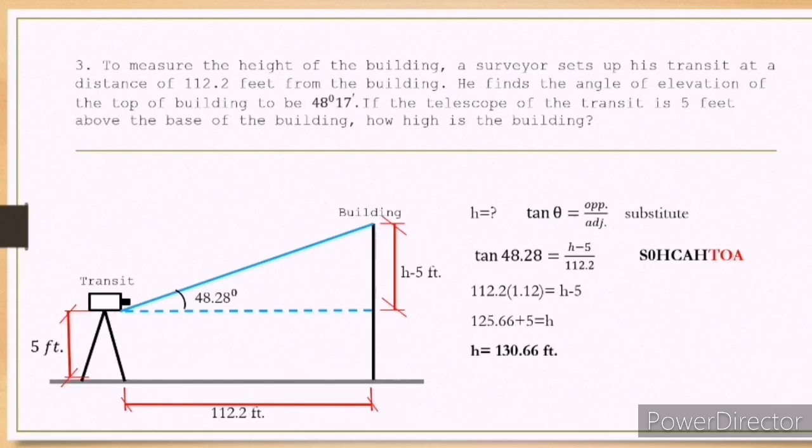So 112.2 times 1.12 is equal to H minus 5. 125.66 plus 5 is equal to H. Then H is equal to 130.66 feet. So the height of the building is 130.66 feet.